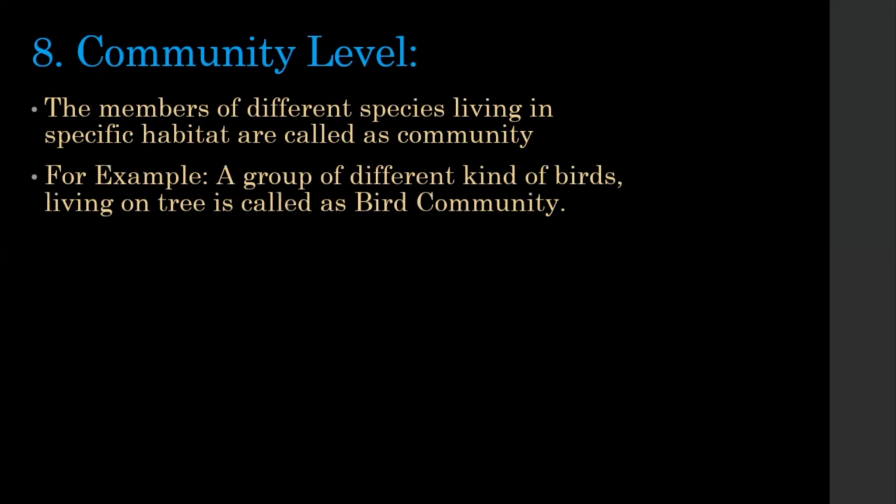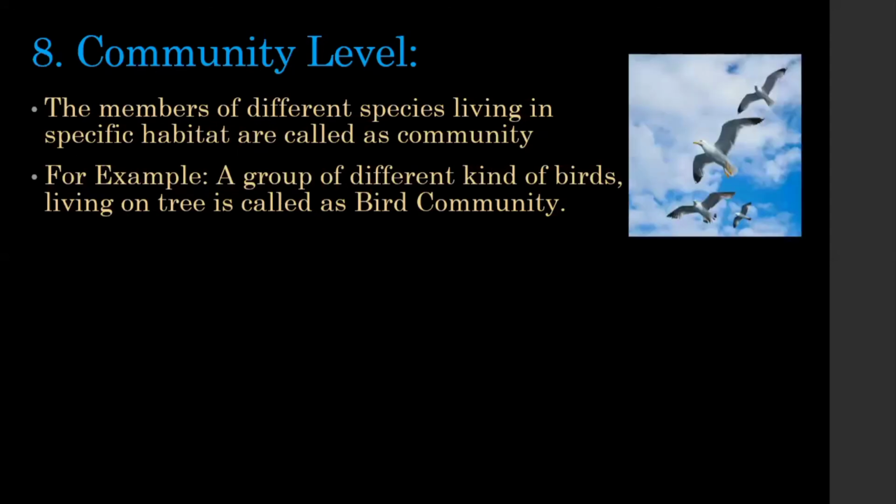A group of different kinds of birds living on a tree is called a bird community. A community is an assemblage of different populations interacting with one another within the same environment. A forest may be considered as a community. It includes different plants, microorganisms, fungi and animal species.